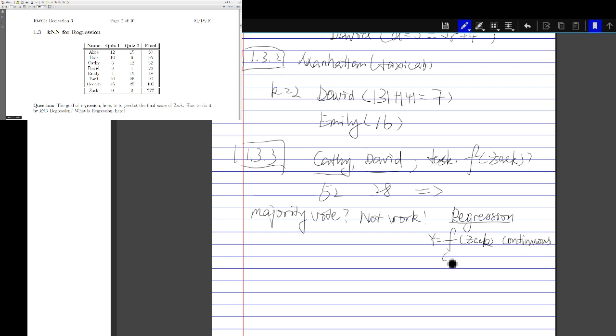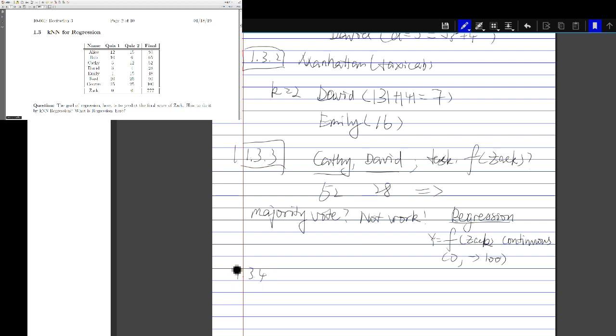So that means that any value from 0 to 100 will actually have equal importance, right? Your final score can be any number between these two numbers. And it really doesn't make any sense to take a vote between two numbers that have equal footing. Okay, so if you vote this over this, then are you saying that 52 is actually somehow more important than 28? Of course not. Both of them are possible final grades. Okay, so majority vote fails.